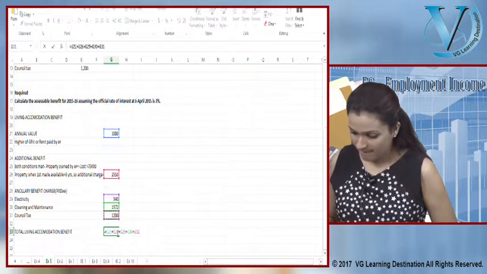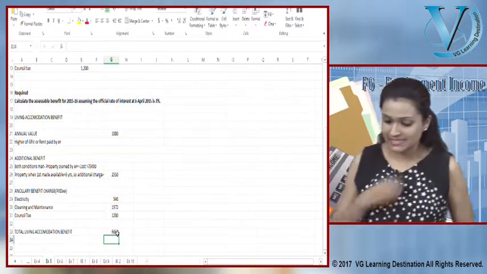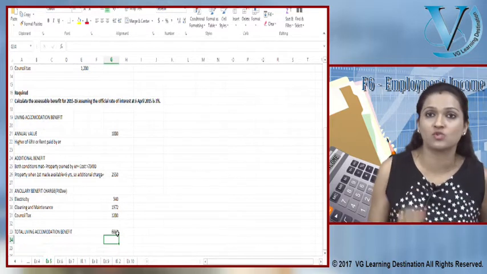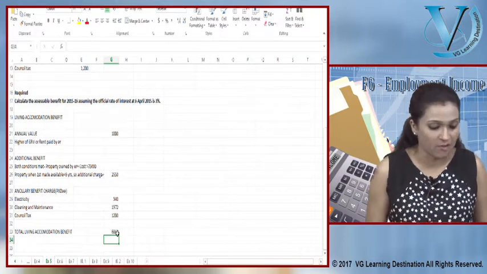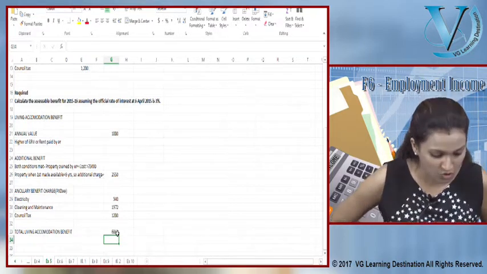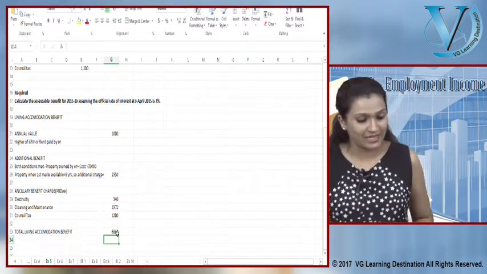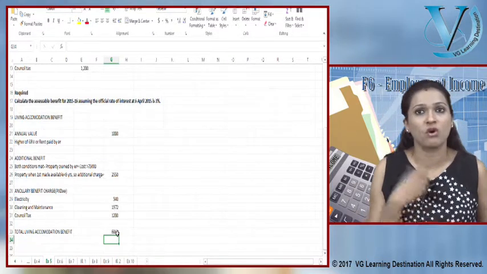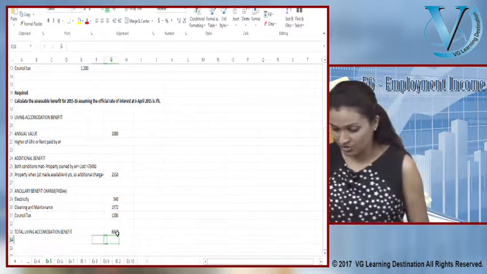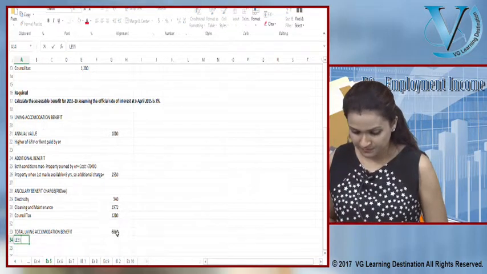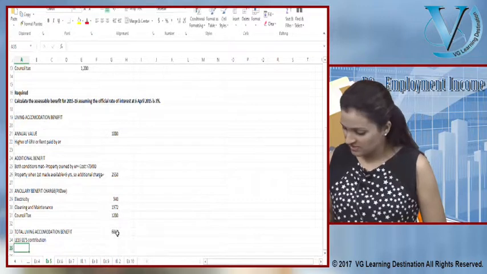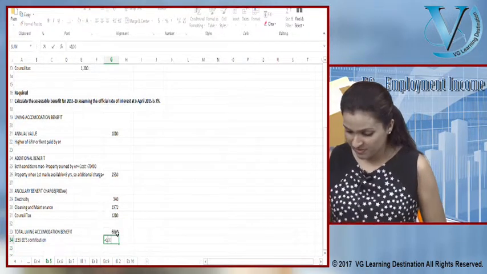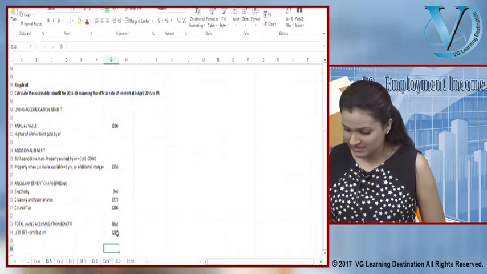Right, so 6862 is the total benefit. Now out of this total benefit of 6862 which the employee is enjoying, he has already contributed how much? £100 a month has been contributed by Neil himself. So definitely his contribution we can reduce, because he's not going to pay tax upon it twice. So you can reduce the employee's contribution, which is equal to £100 a month. So what is the remaining benefit?